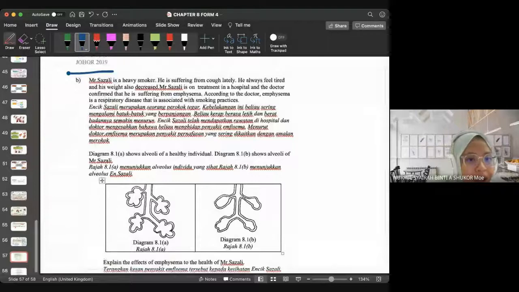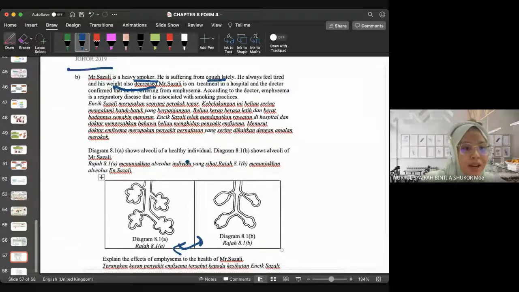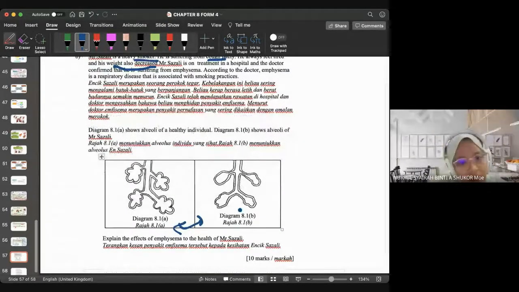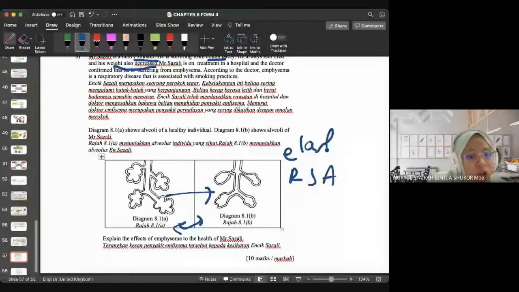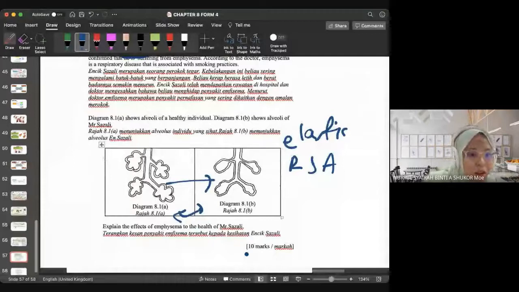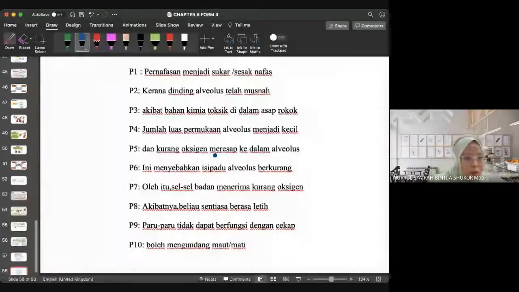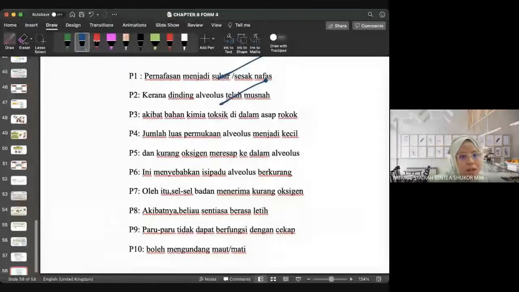Johor 2019, Mr. Sazali, a heavy smoker, is suffering from cough. Yes, we already answered that earlier. He always feels tired and his weight also decreases. Treatment, the doctor said he has emphysema. Alright. So, the question is explain the effect of emphysema. So now the surface area is reduced, elasticity decreases, less oxygen. When there is less oxygen, there is less cellular respiration. That is how to answer for 10 marks. This is a sample answer. Breathing is difficult, the alveolus wall, and so on. Okay, it's fine. I think next time if we try to answer properly, you can see how to answer the questions here.